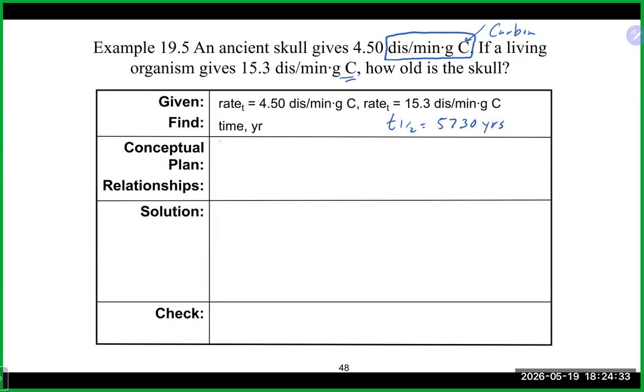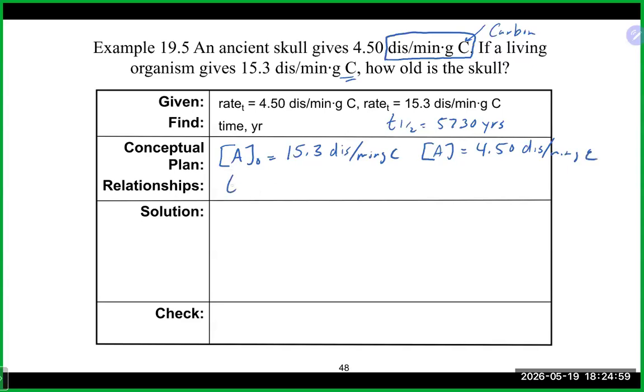So initially, our living organism is going to be 15.3 disintegrations per minute per gram of carbon. Final, not so living, is our guy at the end there, 4.5 disintegrations per minute per gram of carbon.